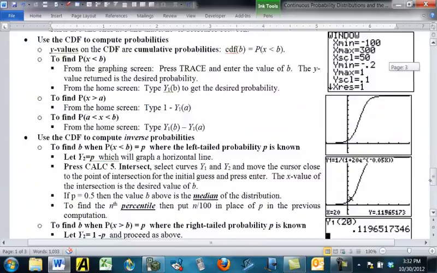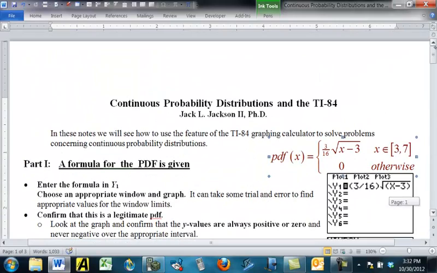Okay, and there's really nothing else to it. Now, what's going to happen a little bit later on down the line is there are some types of functions that are important to us that we're going to use a lot, like normal, a t, a chi-square, an f. Some of these distributions are very important to us, and so they're built in the calculator.